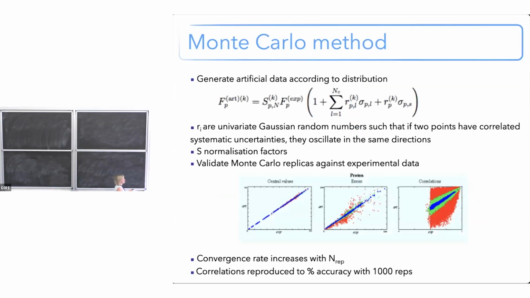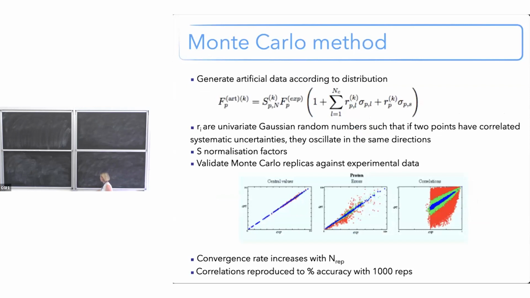So that you have your experimental data and you generate a multi-Gaussian distribution around your data. Where these are random number generators, which are normally distributed with mean 0 and variance, which is the one that multiplies the experimental uncertainty, okay?